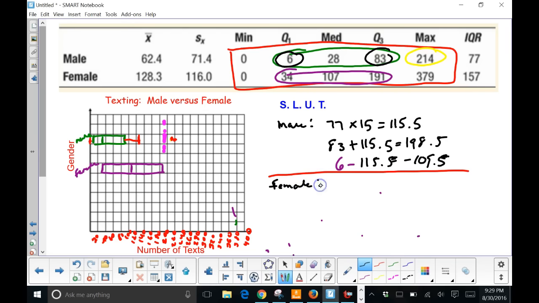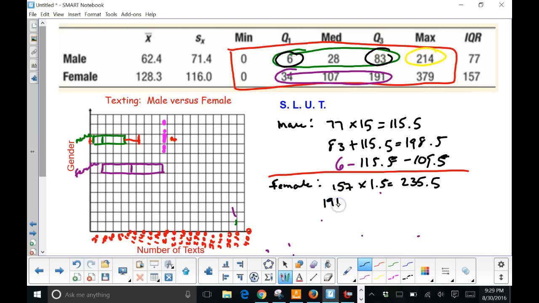Females. The upper quartile is 191, the lower quartile is 34, which means the IQR is 157. We're going to multiply that by 1.5, which gives us 235.5. That's 1.5 IQRs.